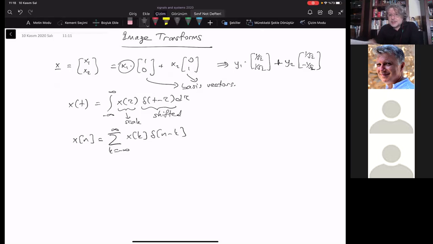So these are indeed basis vectors. But for these, of course, I have to find a new y1 and a new y2. But with a certain choice of y1 and y2, clearly I can still get the same x vector here.